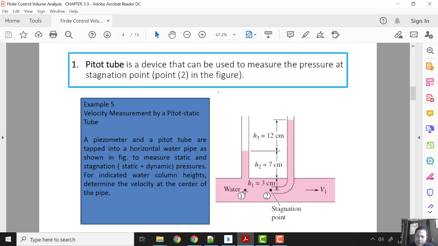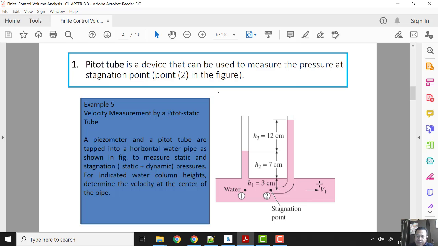So we have the column height. The column height from point 1 to the water level here is about 10 centimeter, and then the column height from point 2 to the water level here on the Pitot tube is about 22 centimeter.